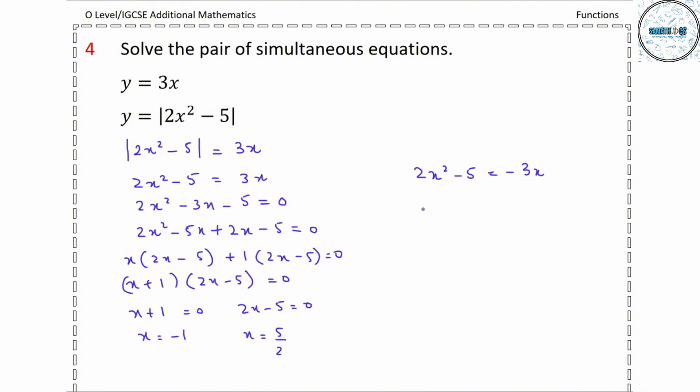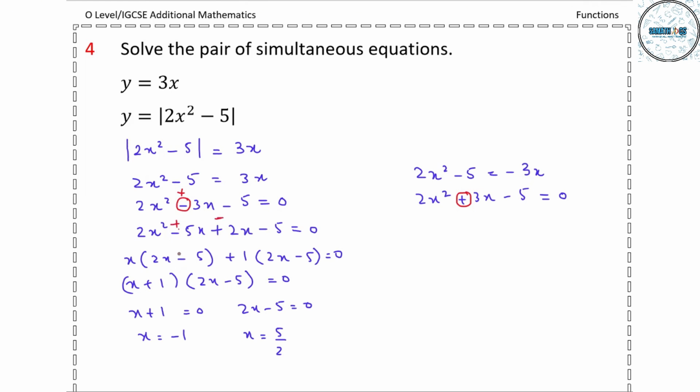Now we'll solve this equation. We have 2x squared plus 3x minus 5 is equal to 0. Now we can see there is a difference of the sign only, right? So it means that if this sign is negative, then we have to take this 5x as negative. Now, if this is positive, then this is to be positive and this is to be negative.